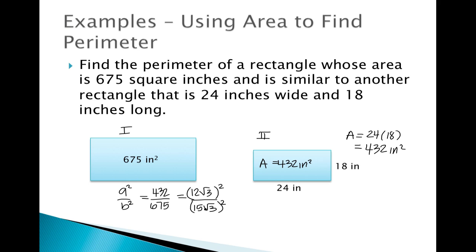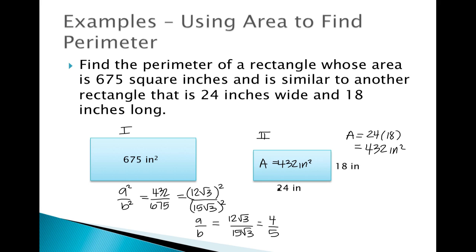We know from our previous theorem that the perimeters are going to be in a proportion of A over B. So that's going to equal 12 square root of 3 over 15 square root of 3, and this simplifies to 4/5. So this is how their perimeters are similar.